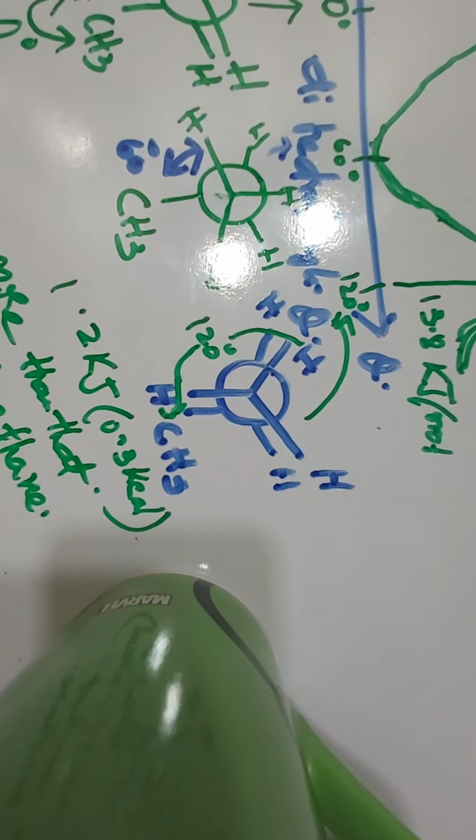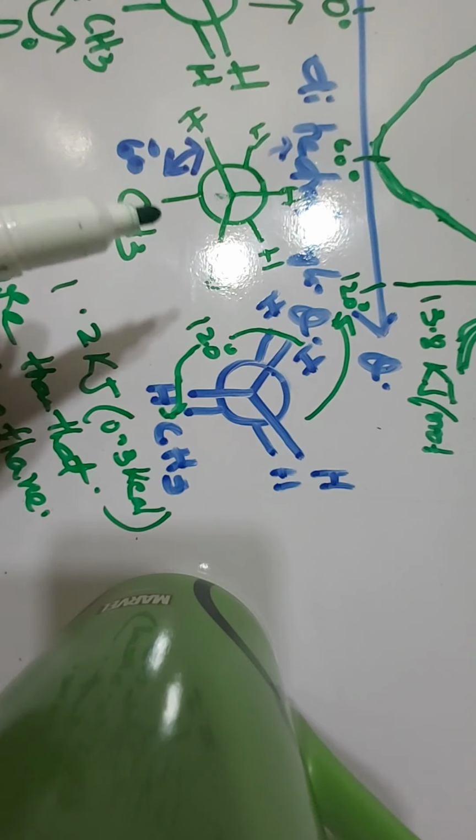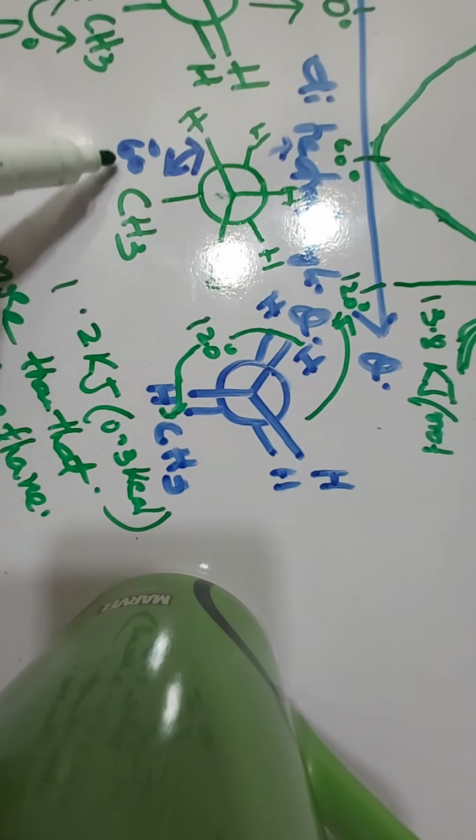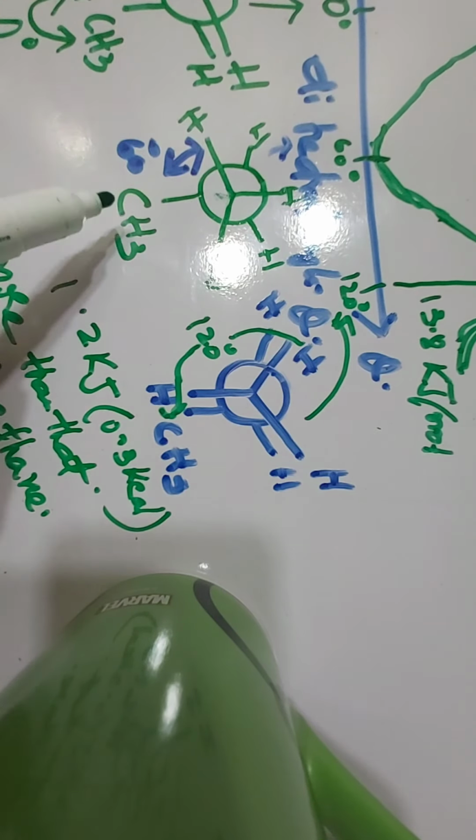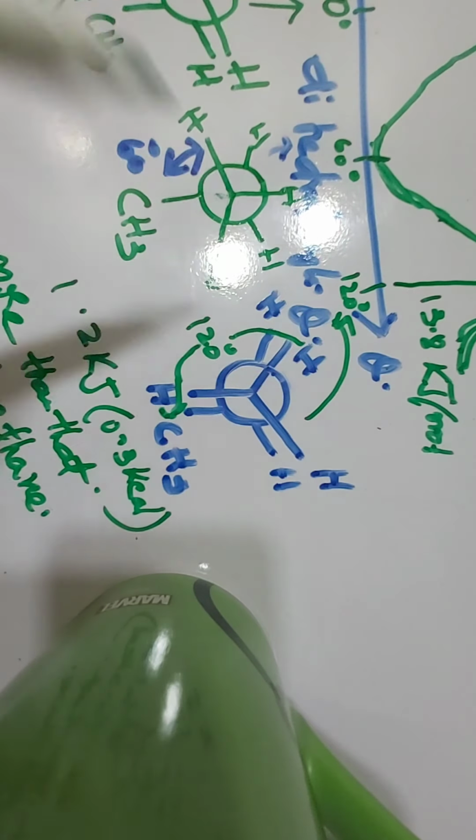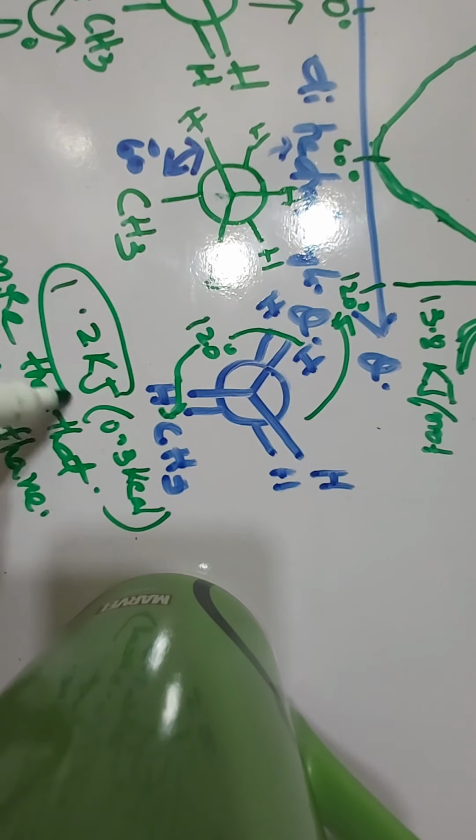The torsional strain resulting from eclipsing a carbon-hydrogen bond with a carbon-methyl bond is only 1.2 kilojoules, which equals 0.3 kilocalories more than the strain when the carbon-hydrogen bonds eclipsed, right? So this was the main difference between the other one and now.